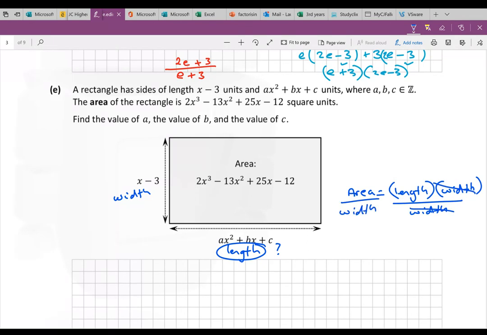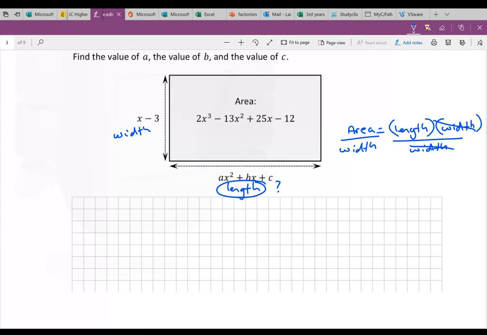In order to find the length here, I take the area, which is 2x cubed minus 13x squared plus 25x minus 12, and divide by x minus 3. X into 2x cubed goes 2x squared. Then you multiply this whole term.